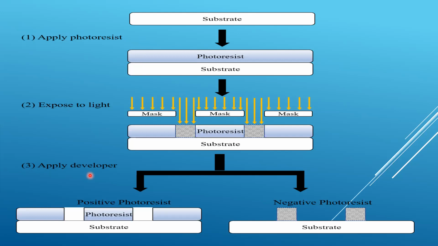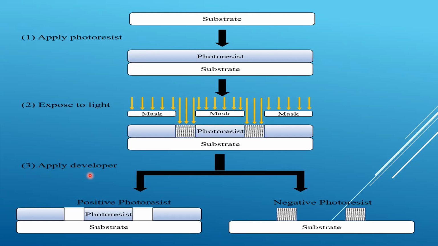And the most widely used semiconductor is silicon. So generally, in photolithography, silicon will be the substrate. Silicon will be the substrate. So we have to take the silicon substrate.